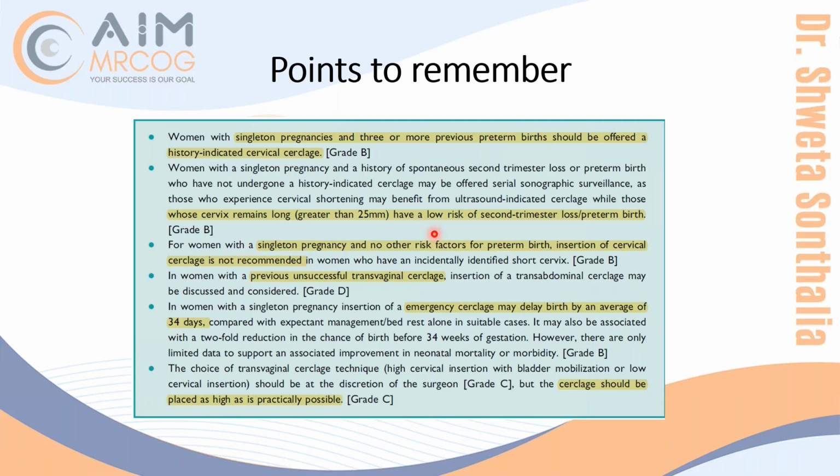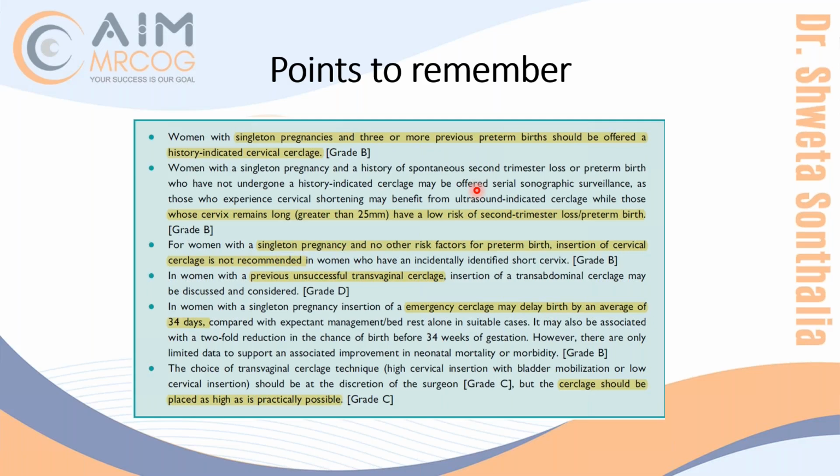Yes, very good. Because now, see, you have to understand that intervention is intervention ultimately, and it could have a side effect. Like if you do cerclage, there could be some side effects. It's a surgery ultimately. So you will tell her that we have incidentally found your cervix short, but you have no history, no high risk. But still, there is another catch: there is no high risk for preterm birth, not only the history.